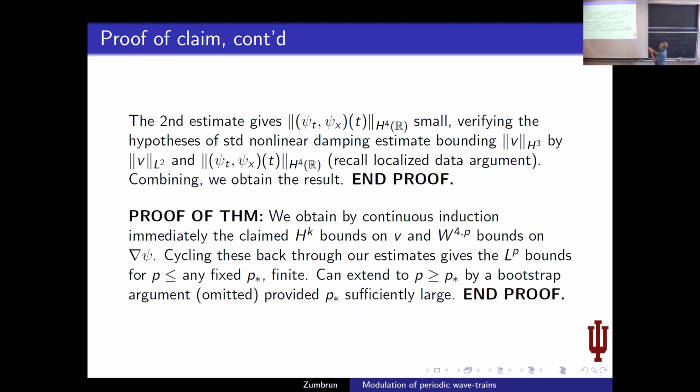And that also gives that the psi bound can be in as high an HS norm as we like because it's smoothing.